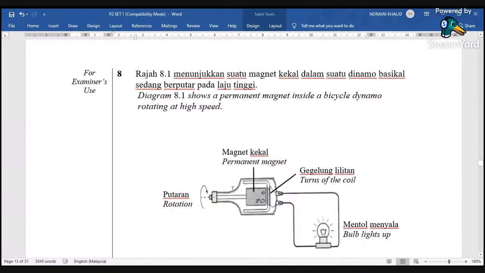Okay, number 8. Diagram 8.1 shows a permanent magnet inside a bicycle dynamo rotating at high speed. Okay. This is a dynamo. There's no power supply. Generator. Topic like electromagnetism.